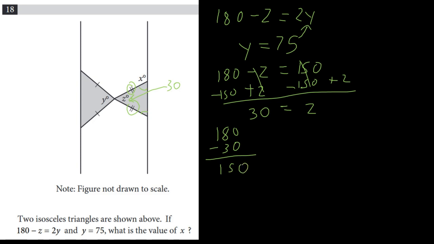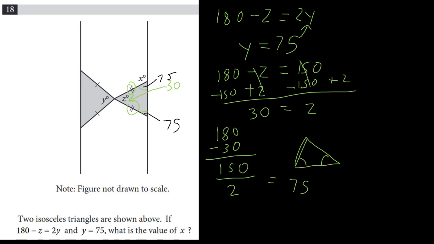And so I know that these two angles are the same. To figure out those two angles, I'm just going to have to divide by 2. 150 divided by 2 is 75. So this right here is 75, and this right here is also 75.